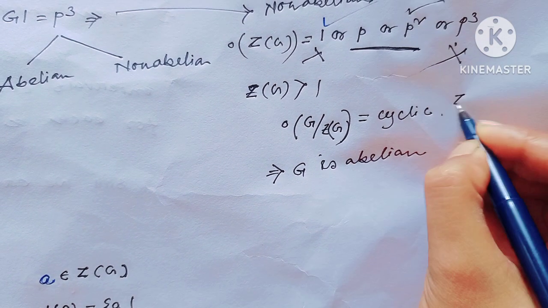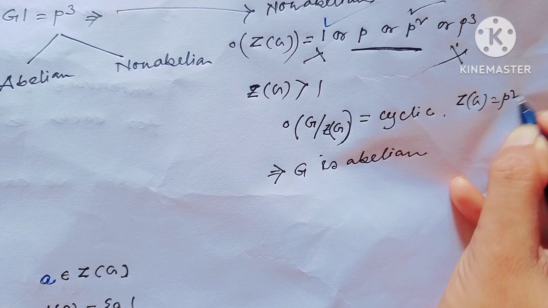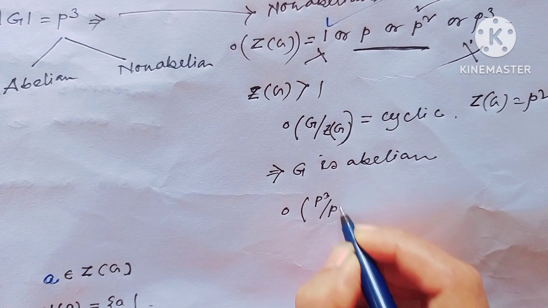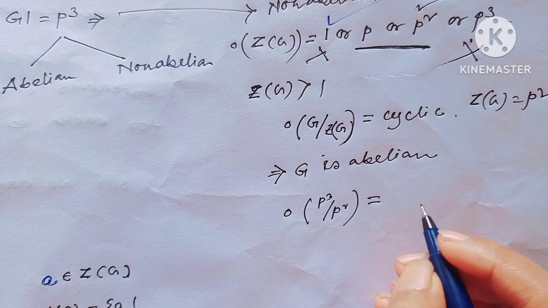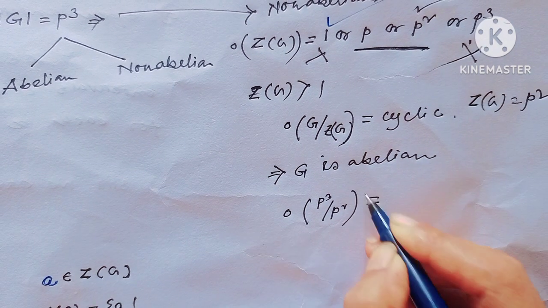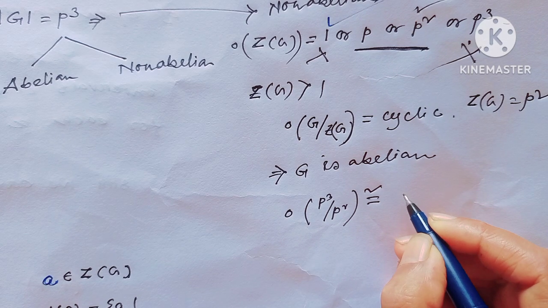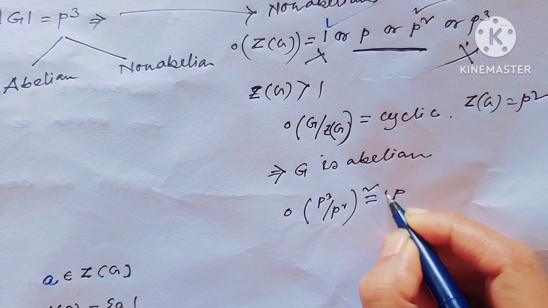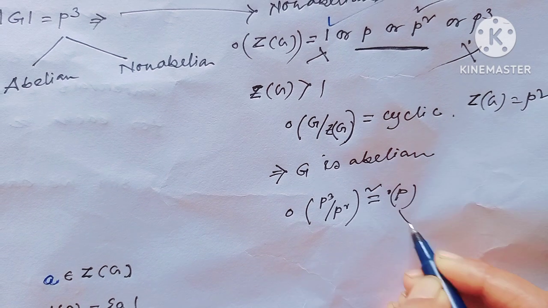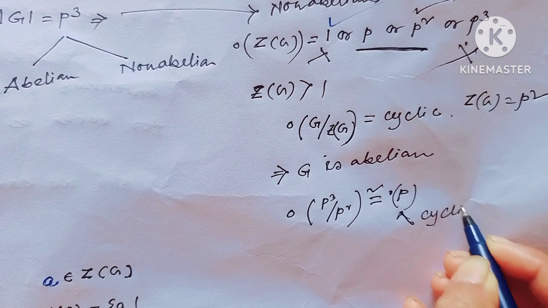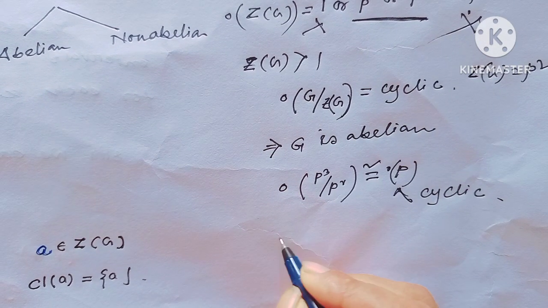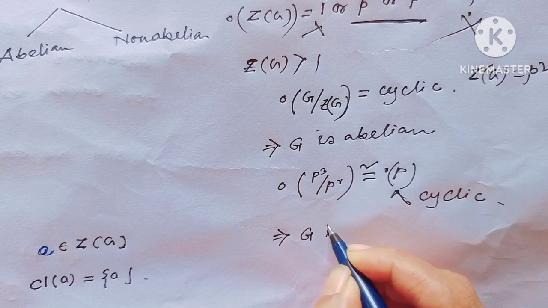When Z(G) equals P squared, the quotient has order P cubed over P squared, so this group is isomorphic to a group of order P, and any group of order P where P is a prime is always cyclic. And when the quotient group is cyclic, that implies the group G is abelian.